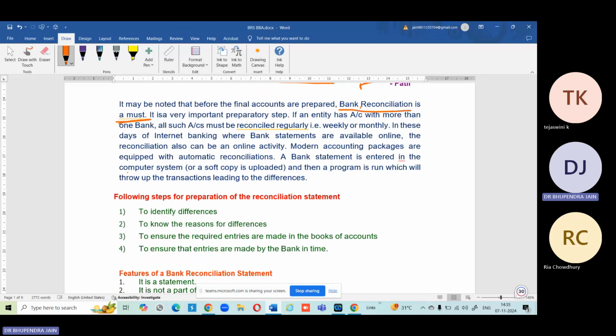If an entity has accounts with more than one bank, then all such accounts must be reconciled regularly. If you have one account, then you have to prepare the bank reconciliation statement for that particular account. Or if you have different accounts in different banks, then in that case you have to prepare the bank reconciliation statement of all the banks.